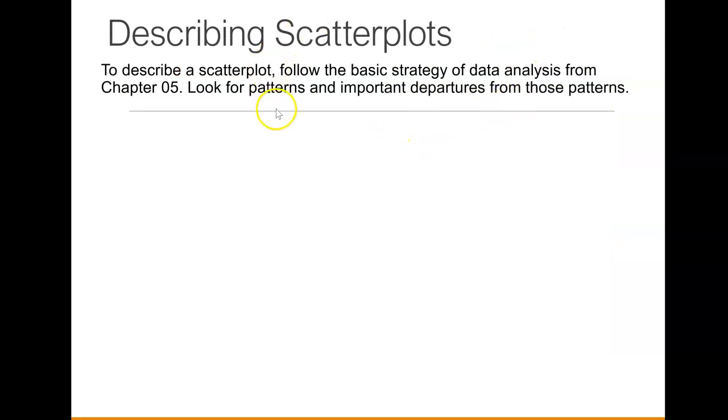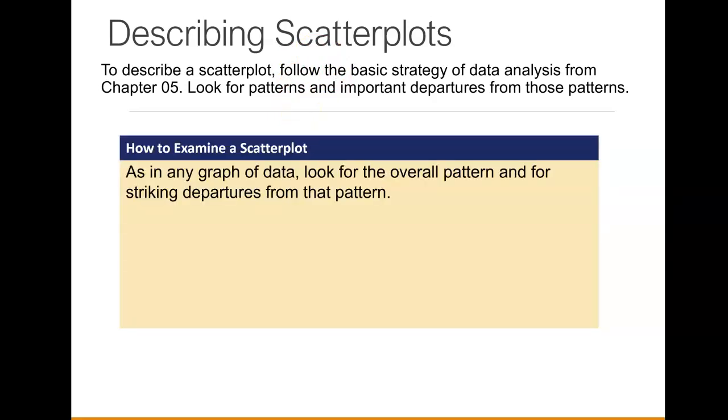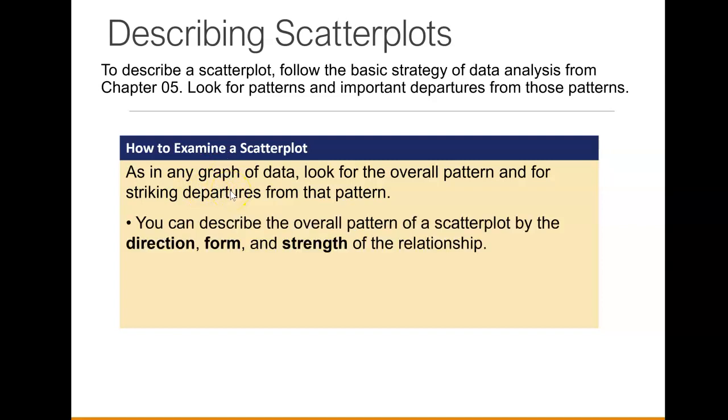All right. So to describe a scatter plot, what it looks like, we're looking at 3 things. Again, we want to describe the overall pattern and any striking departures from the pattern.